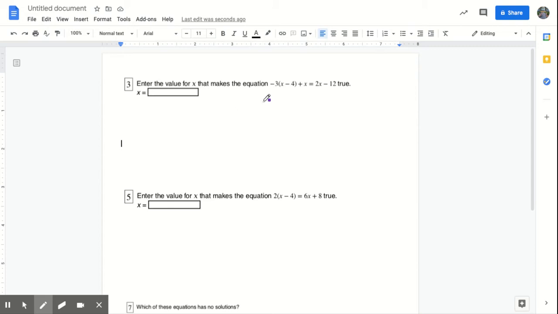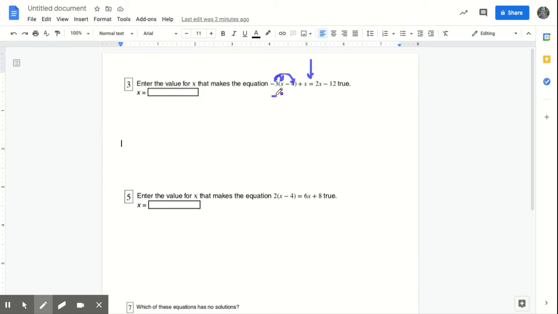When I go to solve this problem, what I want to do first is simplify as best as I can anywhere that I can on the left side or the right side of this equal sign. I could distribute this negative 3 to the numbers inside the parentheses.